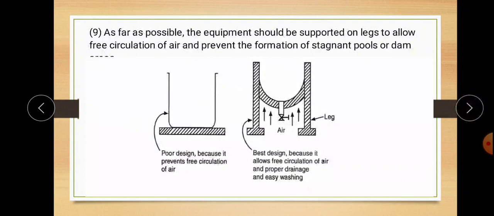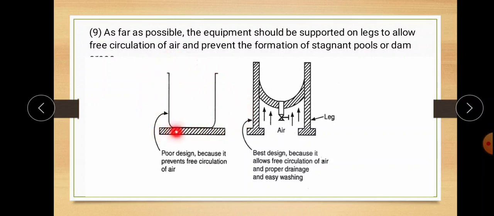Next, the ninth point is that as far as possible, the equipment should be supported on legs to allow free circulation of air and prevent the formation of stagnant pools or dead areas. Suppose you have a water container that does not have legs, so there is no area through which air can pass under the base of this container.